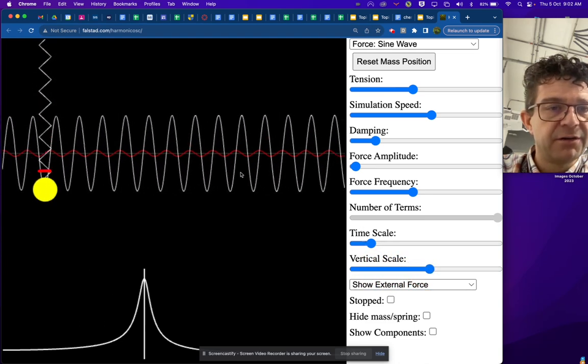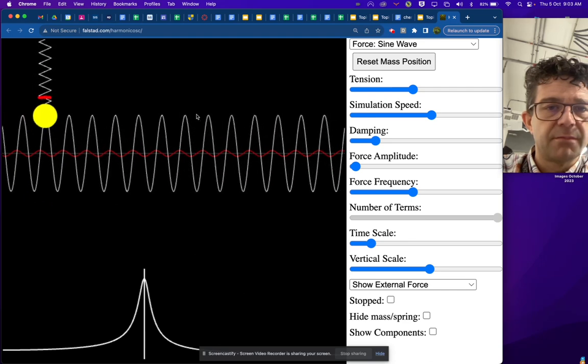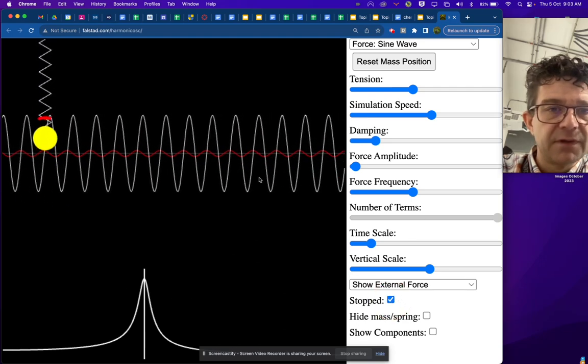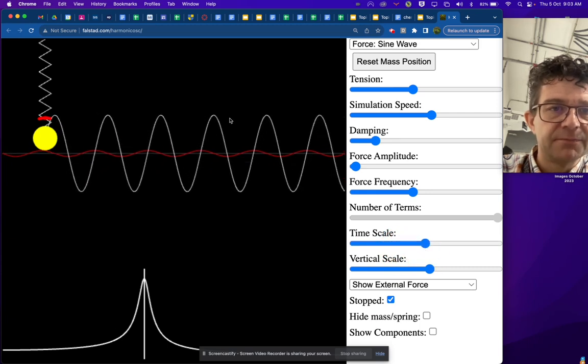When we look here, we happen to notice that the maxima, let me pause this for a moment. It's important to notice that the maxima for the response end up at the middle points for the drive at resonance.